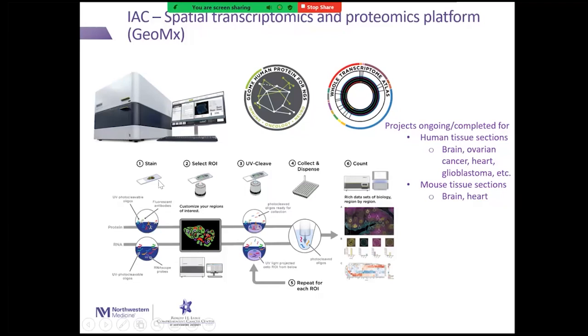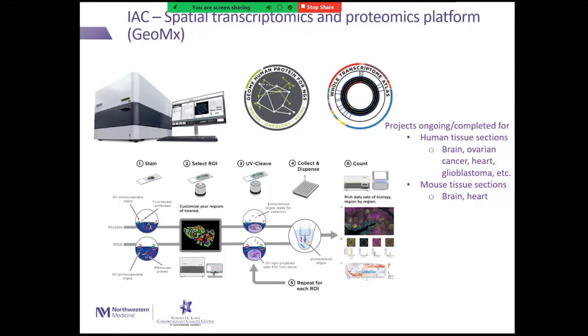They can be FFPE, fixed frozen, or fresh frozen. They get stained with RNA or protein probes, and then with the morphology markers, as in the antibodies for the particular cell types that you're interested in. They have 4 channels in the machine, so you could go up to 3 antibody markers, and 1 channel is for nuclear staining.